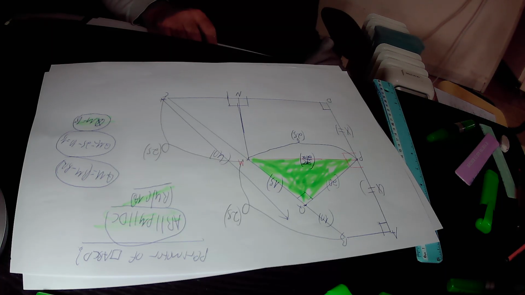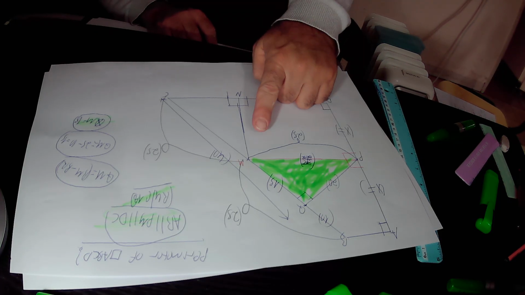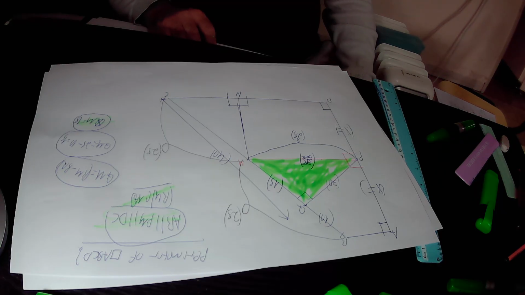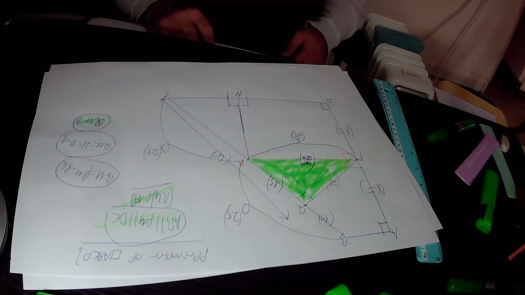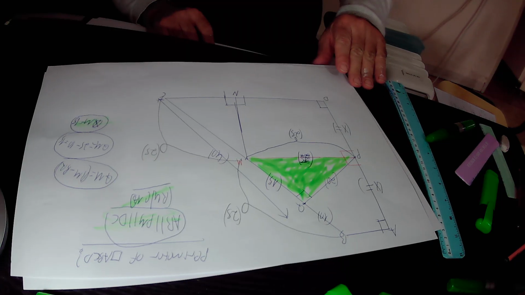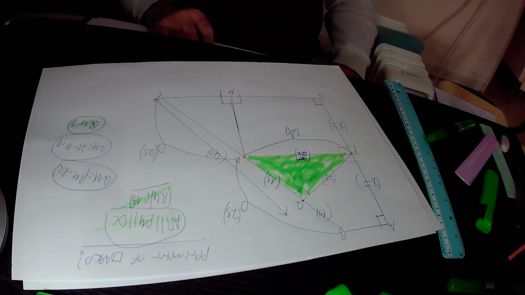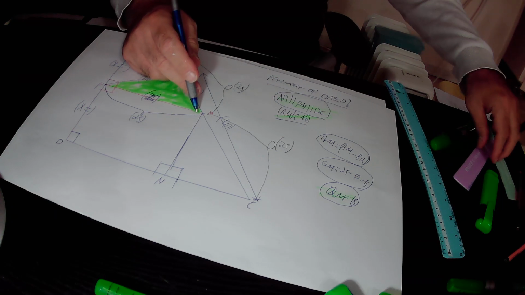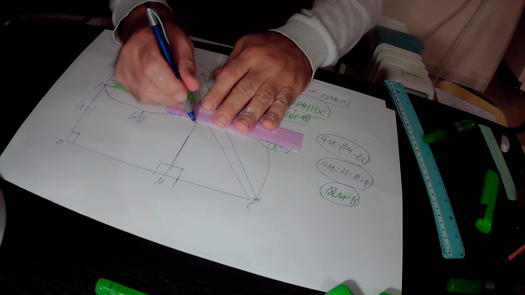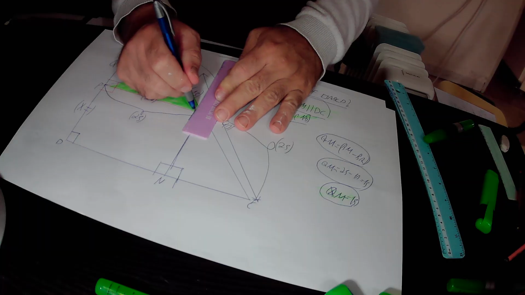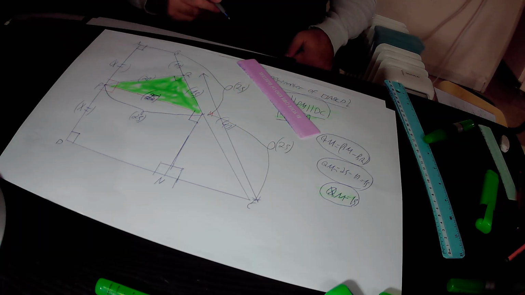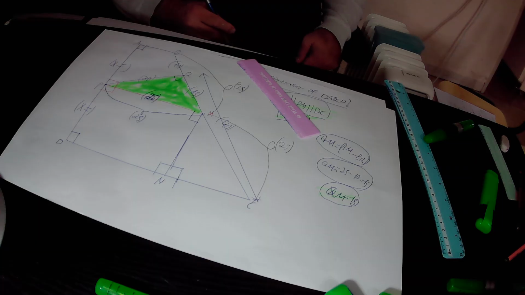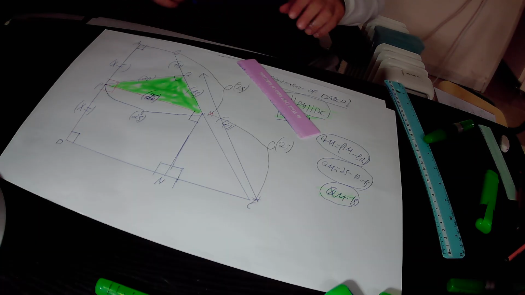So 270 degrees plus the size of this fourth facing angle must in total be equal to 360 degrees, according to the rule that states that the sum of the angles in any quadrilateral is equal to 360 degrees. And therefore this fourth angle must be equal to 90 degrees. So in quadrilateral PMND we have 4 right angles, and therefore quadrilateral PMND is a rectangle.